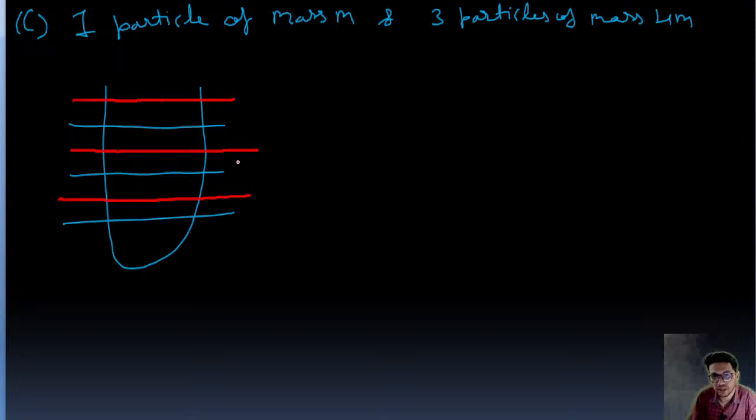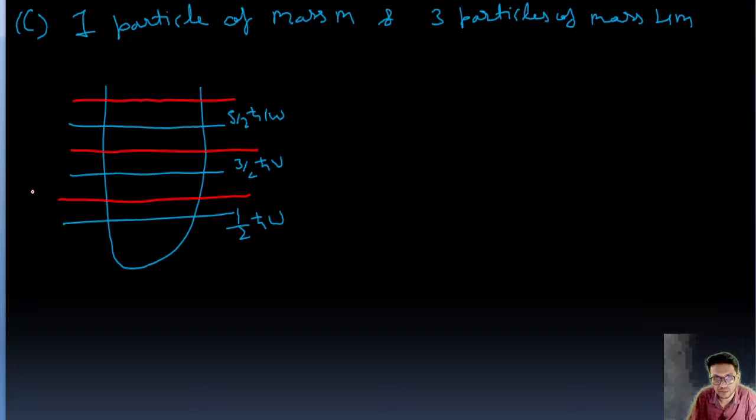So this is the ground state for the one particle of mass m. This is 1/2 ħω, this is 3/2 ħω, and this is 5/2 ħω. And these energy levels are for the particle of mass 4m.